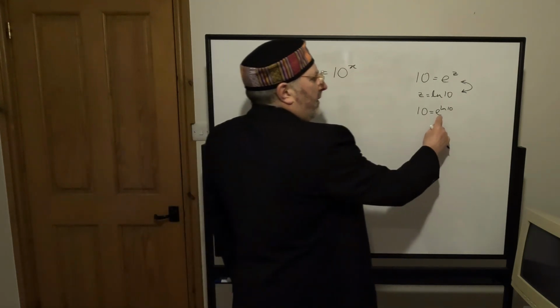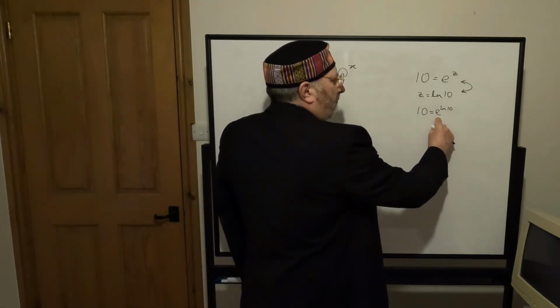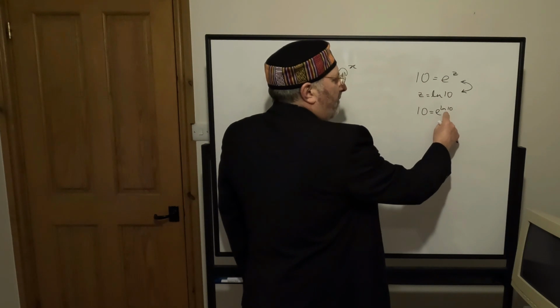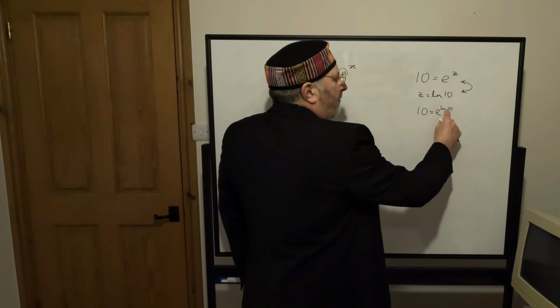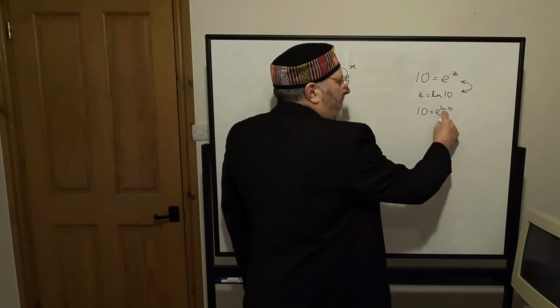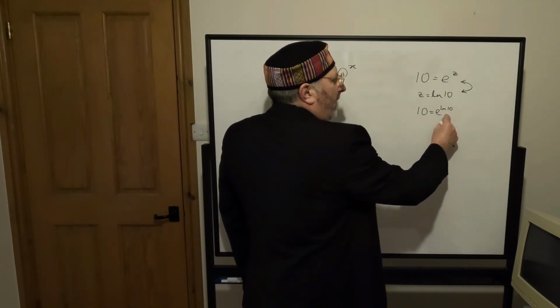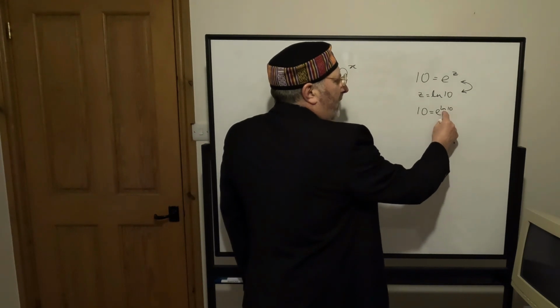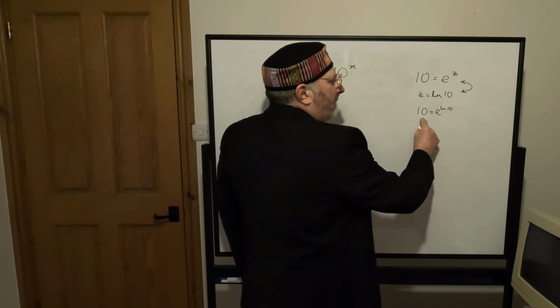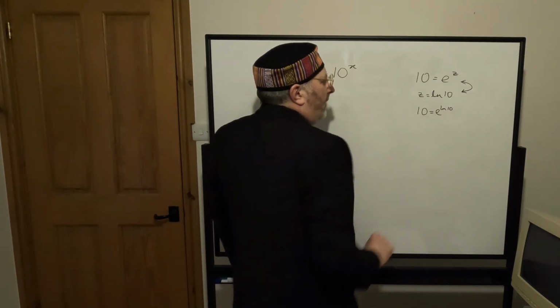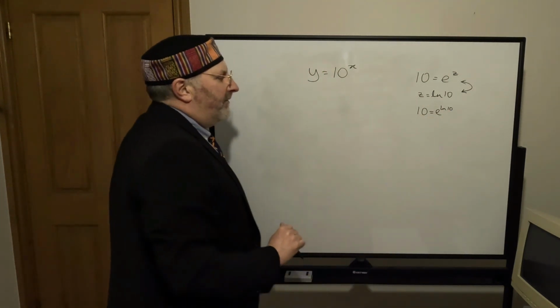So raising e to the power of something, or we might say taking the exponential of something, and taking the logarithm of it, they're kind of opposites. They cancel each other out. So if we take the logarithm of 10, and then we take e to the power of that, we just get back to the original thing. So they undo each other. They're kind of inverses of each other.